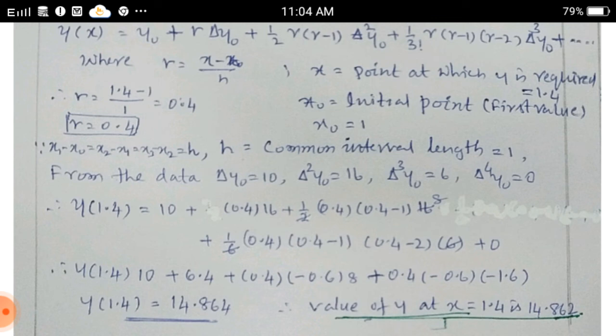Okay, simplify using the calculator. Therefore, y of 1.4 is equal to 14.864. The value of y at x is equal to 1.4 is 14.864. Do you understand this? Okay.